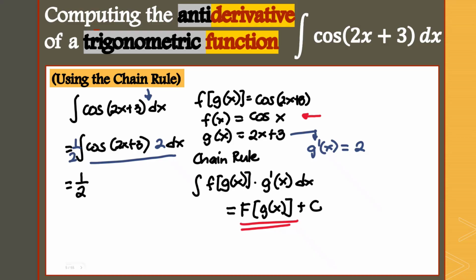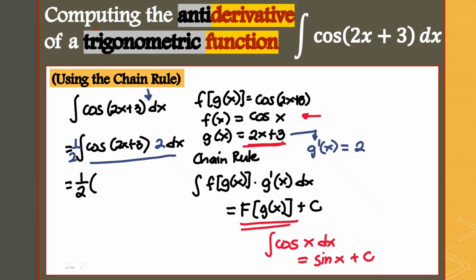Take note that the integral of cosine x dx, which we have proven previously, is equal to positive sine of x plus c. Yes, the antiderivative of cosine x is sine x. But take note, our x here is actually the entire g of x, 2x plus 3, being a composite function.